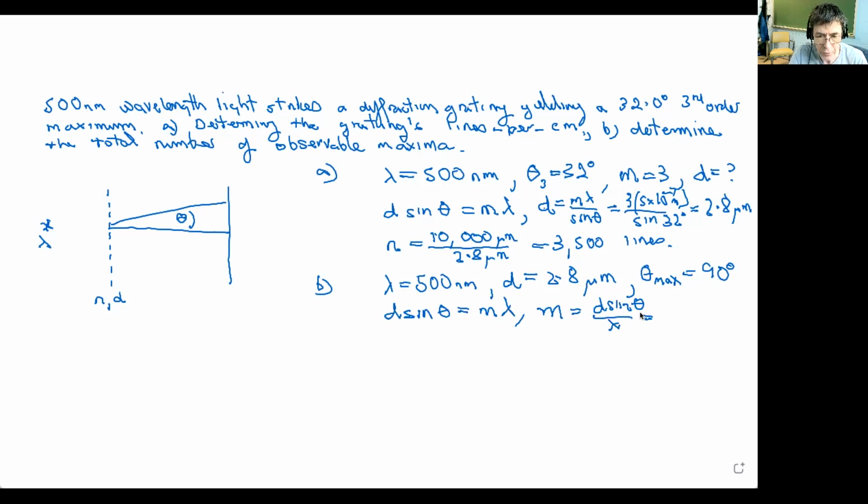And so again, at this point, I can plug in the various numbers. D, the spacing between the lines or the slits, that's 2.8 microns. The wavelength of the light, 500 nanometers or 0.5 microns. Sine theta is 1, so I've got to multiply this by 1.